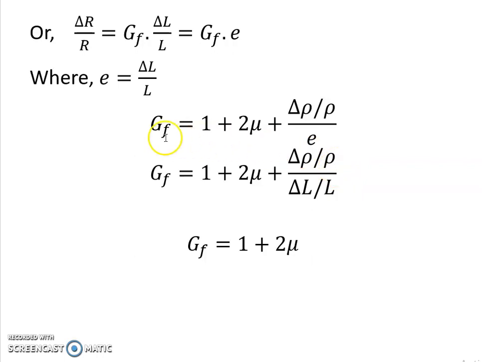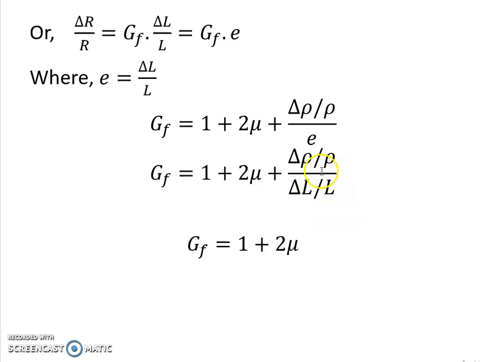Now in this equation of gauge factor, this 1 indicates the resistance change due to change of length. This 2 mu indicates the resistance change due to change in the cross-sectional area. And the last term, delta rho by rho divided by delta L by L, indicates the resistance change due to change in the resistivity, that is, due to the piezoresistive effect.